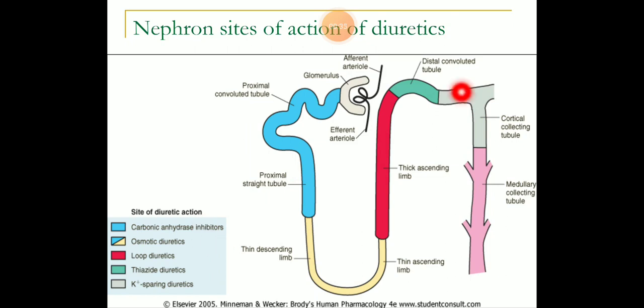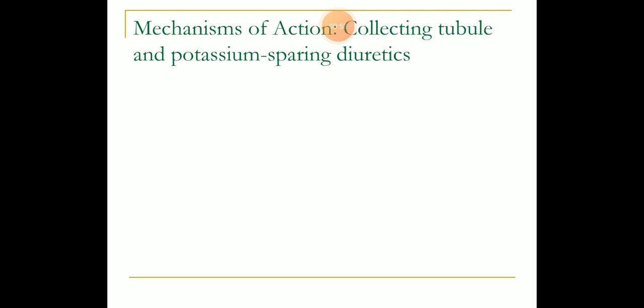Now, while discussing physiology, we know that unlike cells in the other segments, the principal cells which are present in the late distal tubule and collecting ducts do not express any transporter for sodium or potassium in the apical membrane.